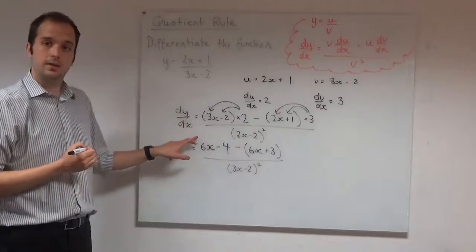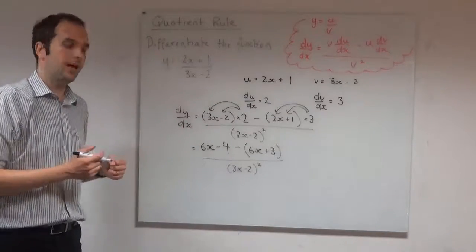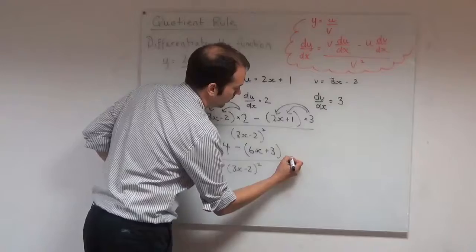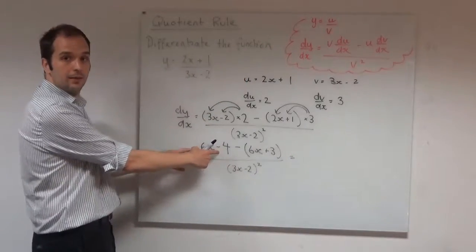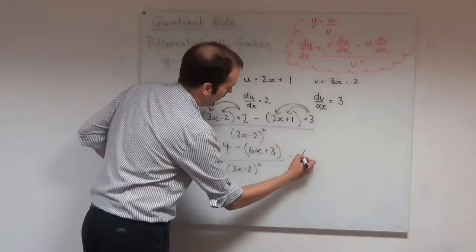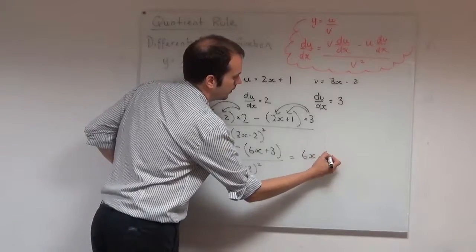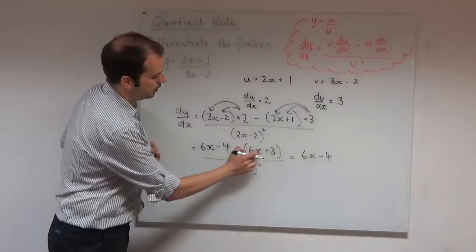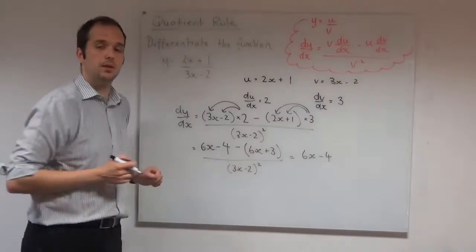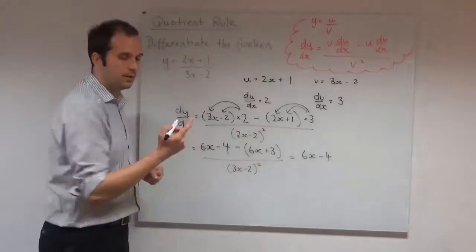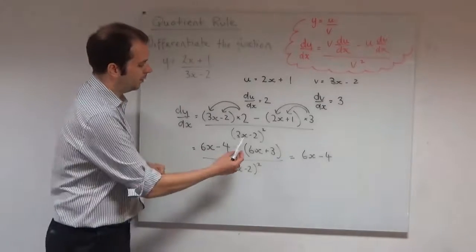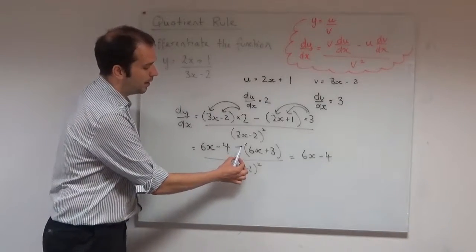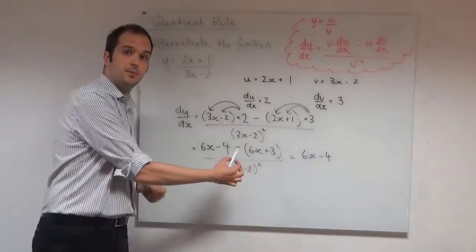So we've expanded the top. We still need to simplify it a little bit further. We can't do anything yet with these first two terms, so I'll leave that as 6x minus 4. But I have minus this bracket containing 6x plus 3. Now this is an important step. This is a common mistake that we see. This minus sign is acting on both terms in this bracket.